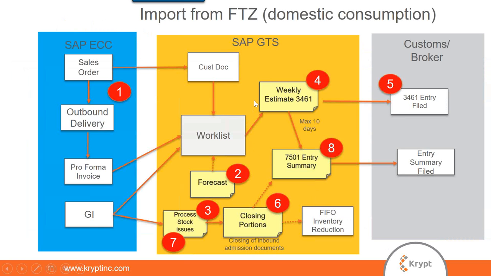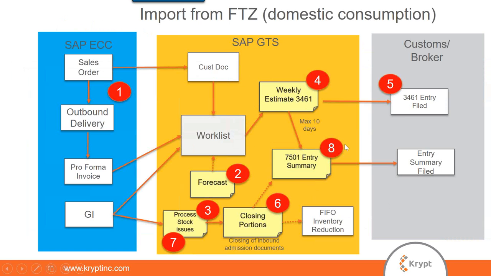All right, so that's the export process. Now, how do you import into the Commerce of the United States merchandise that's in your FTZ? Again, it starts with a sales order, customs doc, work list. In this process, you're able to file a weekly estimate of your importations from the zone.